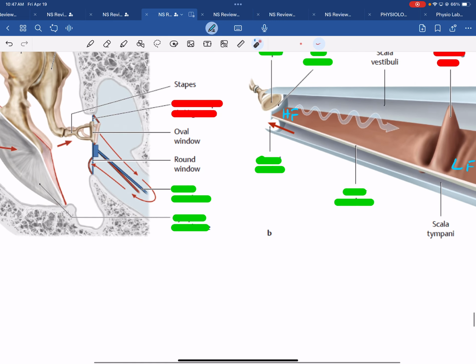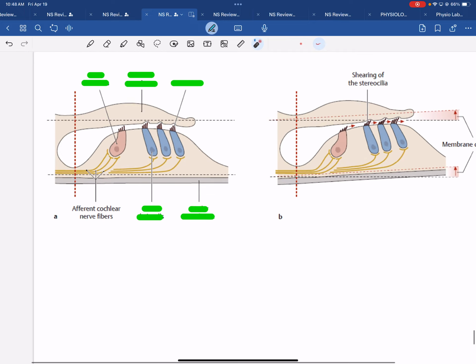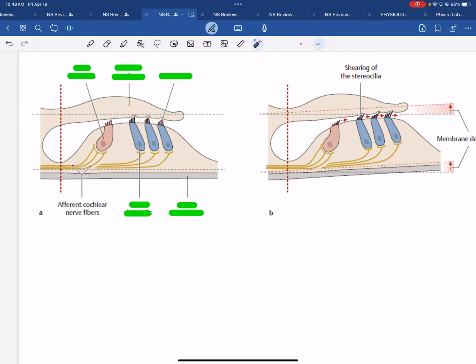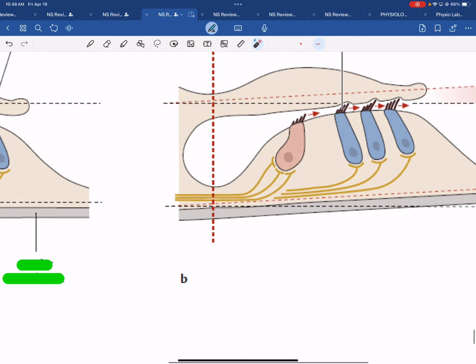And when it goes back in, it goes back to that same place where it deflected. Let's go to another one. Let's go to this one here. So it went down, and then it goes back up. And then when it goes back up, what are these called? Hair cells.